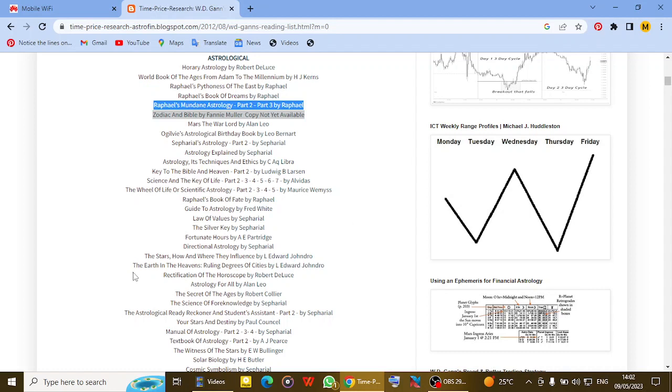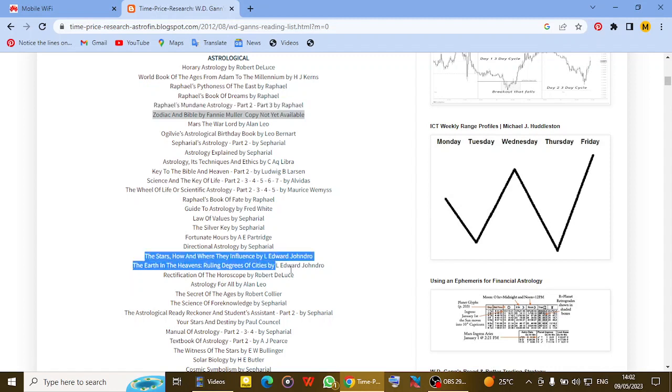There is The Earth in the Heavens, ruling cities, ruling degrees of cities, and The Stars: How and Where They Influence, both by Edward. You might want to read those.